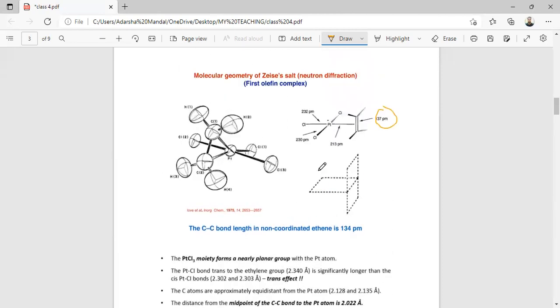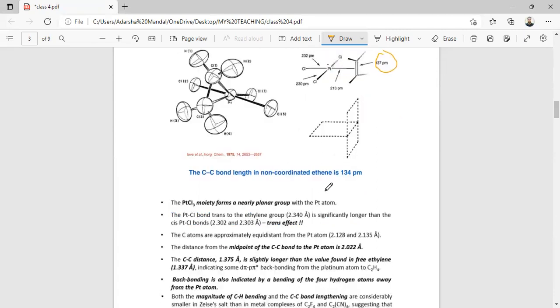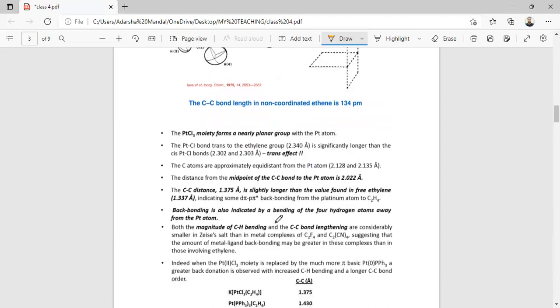That means the two C atoms of this ethylene moiety are at equal distance from the platinum atom. The distance from the midpoint of the CC bond to the platinum atom is 2.022 angstrom, and the CC distance is 1.375 angstrom, which is slightly longer than the value found in free ethylene, that is 1.337 angstrom.